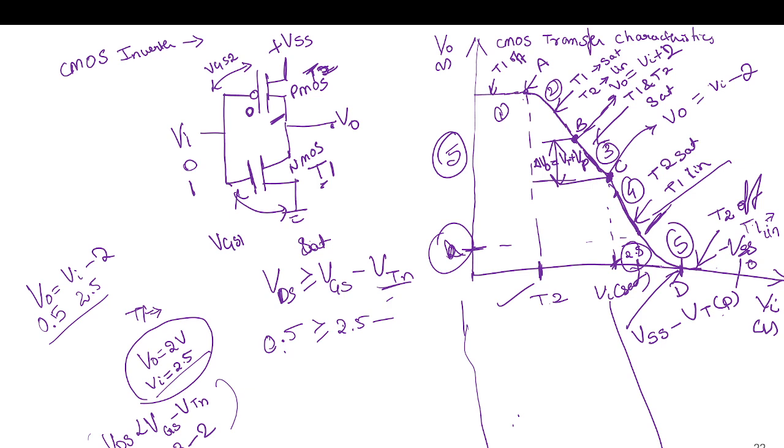Like here it will be 2.5, so here somewhere it will be around, say, 2.6 minus 2. So this value will be 0.6, which is greater than 0.5. T1 will go from off to saturation to linear.